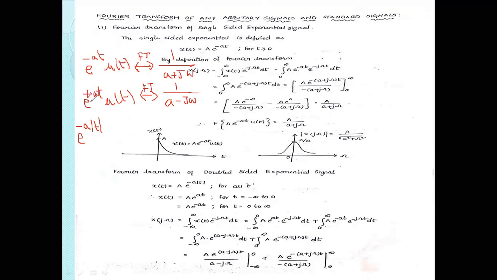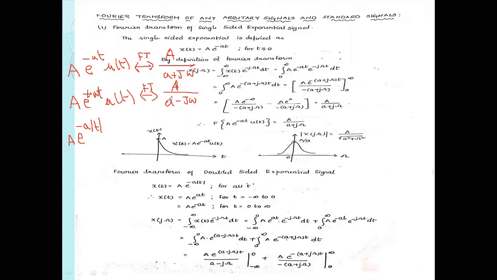E power minus at, if all the terms are multiplied with A, the magnitude is A into e power minus at. A into e power minus at u of t is capital A by a plus j omega, and capital A by a minus j omega.